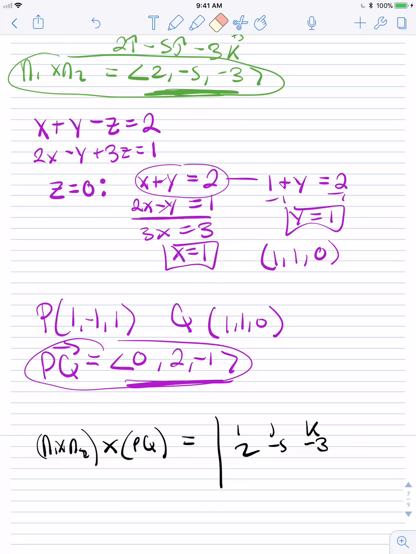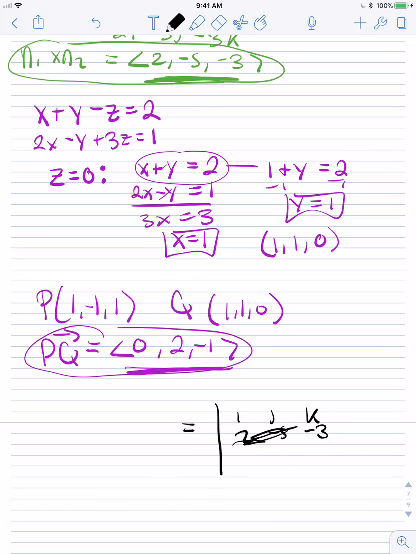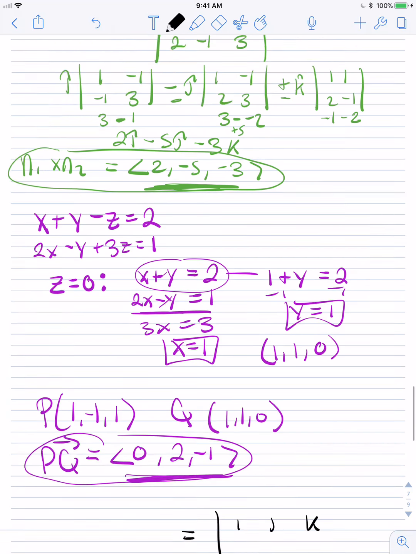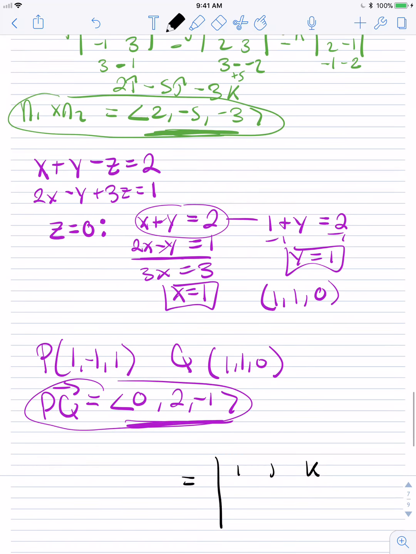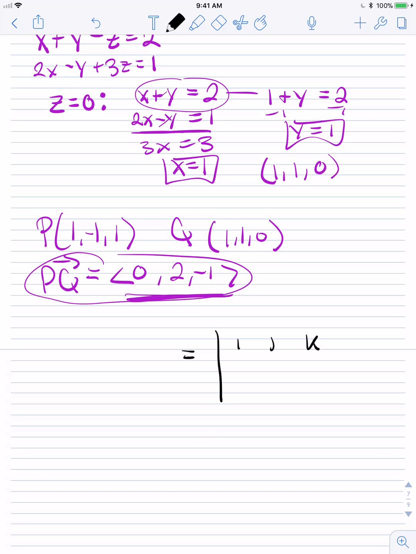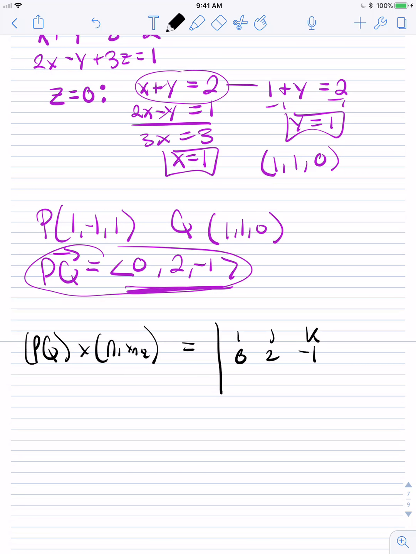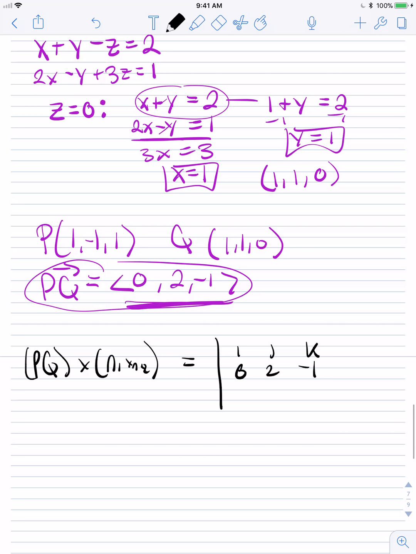Actually, if we write it the other way, it'll probably make more sense, we'll get a positive answer, because you cannot switch the cross. If you switch the cross product, you'll get a vector that is pointing down, but still perpendicular. So let's try doing PQ first, cross with N1 cross N2. We did that. We would get 0, 2, negative 1, and then 2, negative 5, and negative 3.